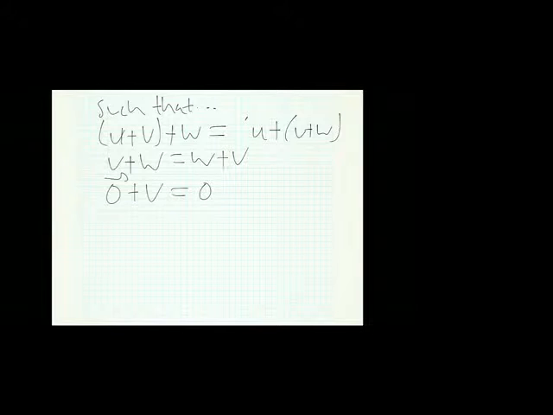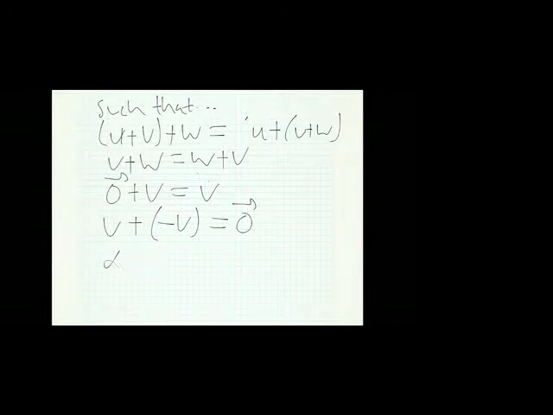So I draw it as 0, but I put an arrow over it, not to be confused with the real number 0. We have a notion of minus an element of V. So if I do v plus minus v, I get 0, which we call the zero vector.